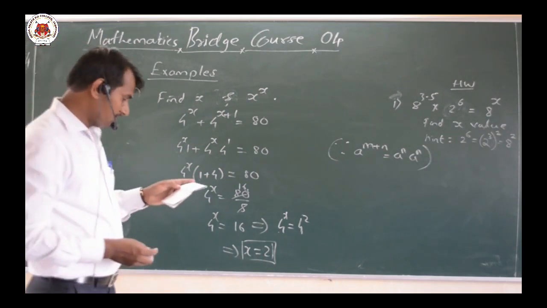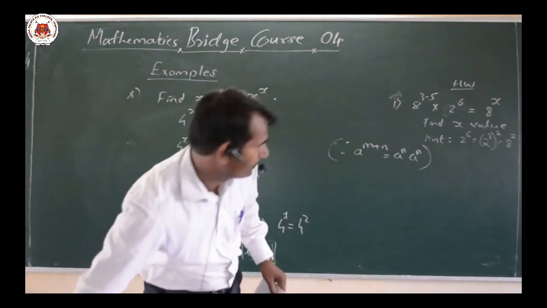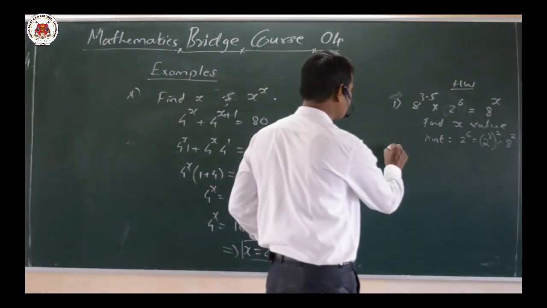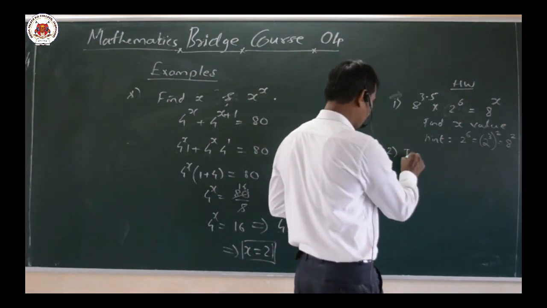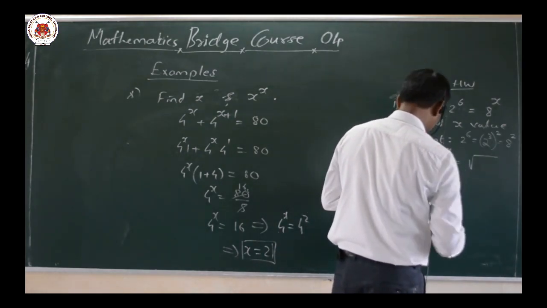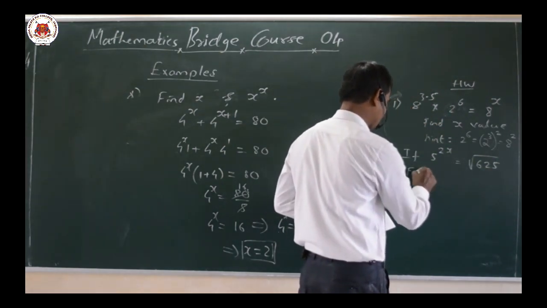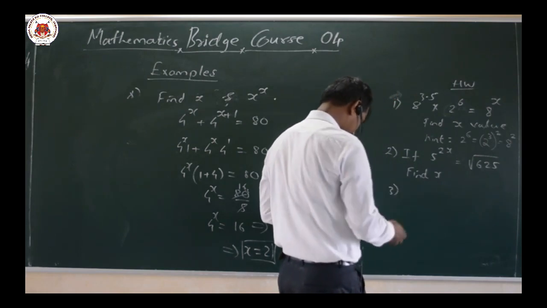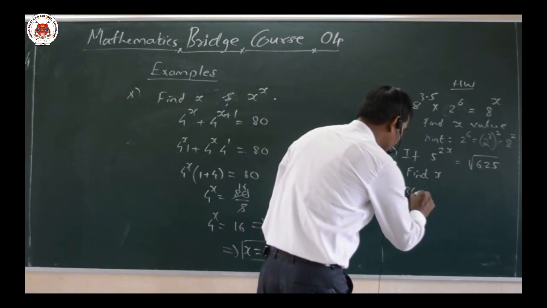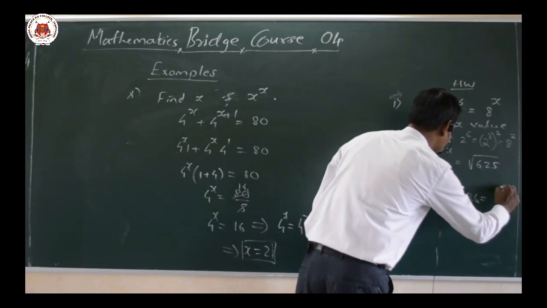Okay, let us take some homework problems. Second one, homework: if 5 to the power of 2x equal to root of 625, find x. Third one: 36 into 36 into 36 into 36, that is 6 to the power of x.